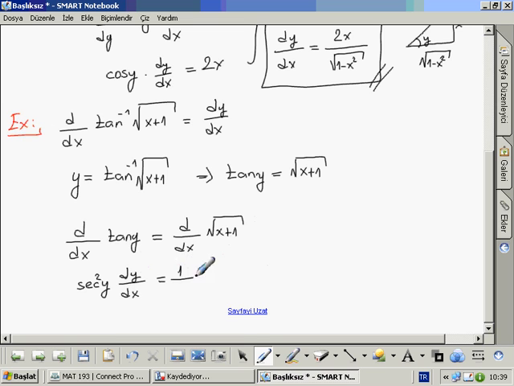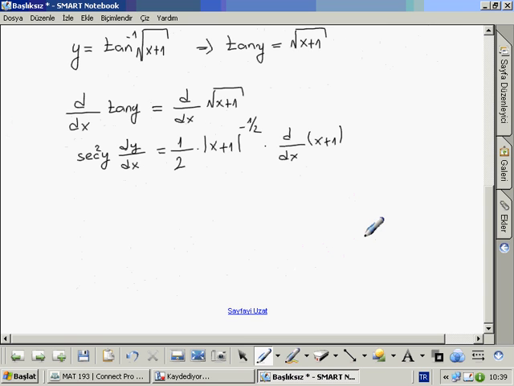It equals 1 over 2 times x plus 1 to the power of minus 1 over 2, and the derivative of x plus 1 inside the square root is 1. So secant squared y del y over del x equals 1 over 2 times the square root of x plus 1.